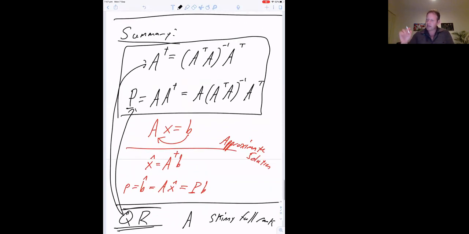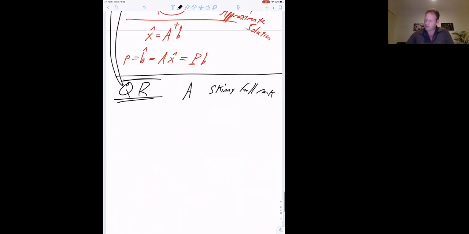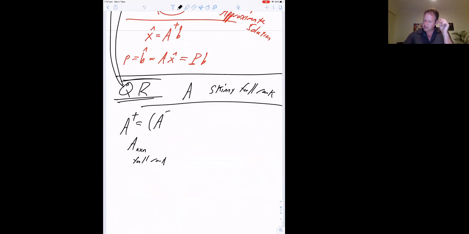Now, by the way, very quickly, if A is square full rank, A is n by n full rank, then look at A dagger. A dagger is A transposed A inverse A transposed. Now you can apply the inverse to each of these factors, and you will get A inverse, A minus transposed inverse, A transposed.